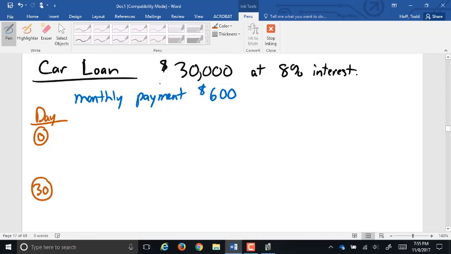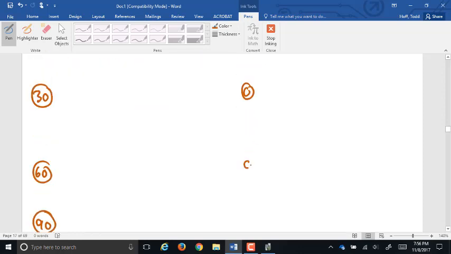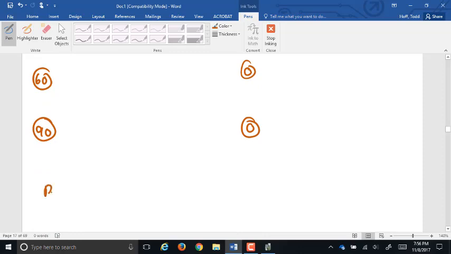Scenario 2, make a payment on day 0, another payment on day 0, a third payment on day 0, and a fourth payment on day 0. I want you to find for each of these the balance on day 120.